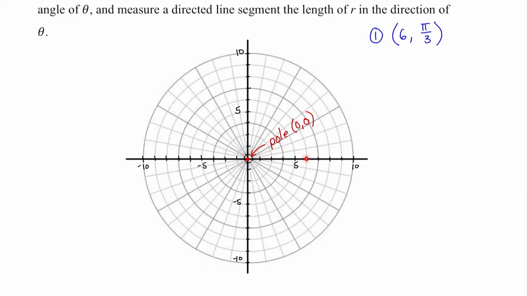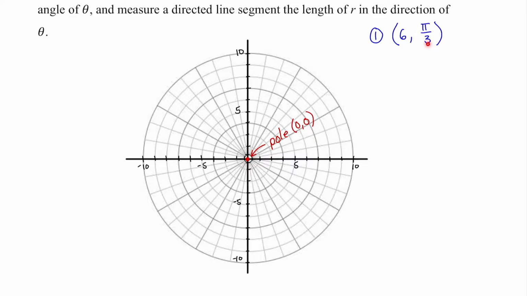Now my angle is pi over 3. That means I need to rotate pi over 3. So from here, the angle is 0 here, the angle is pi over 2 here, and then the angle is pi here. If you rotate a half circle, the angle is pi.